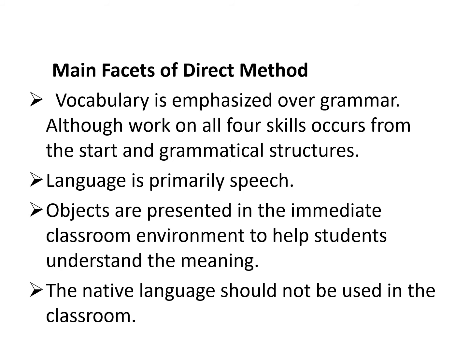Objects are presented in the immediate classroom environment to help students understand the meaning. For example, a teacher delivering a lecture about agriculture or any technological point of view will show the objects, the things, to the learners.